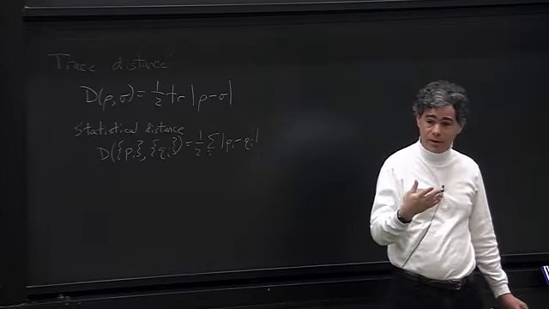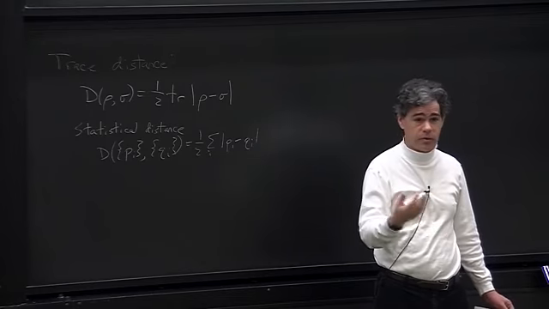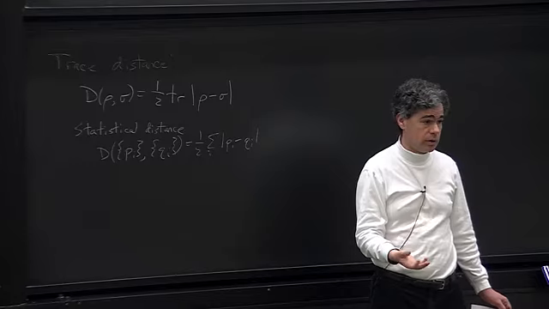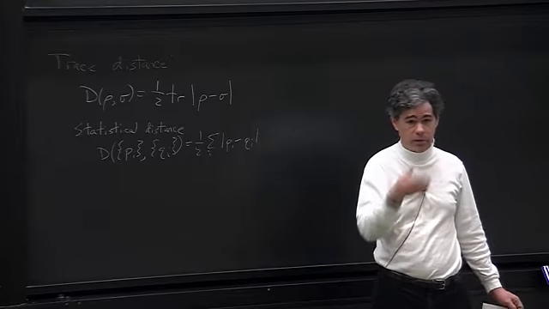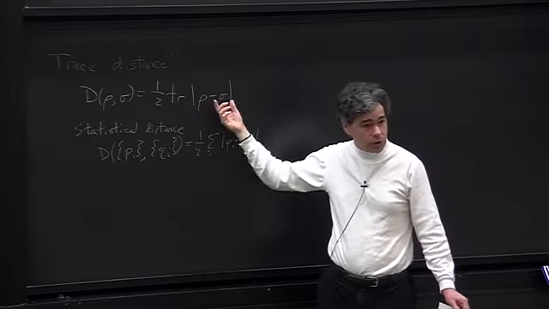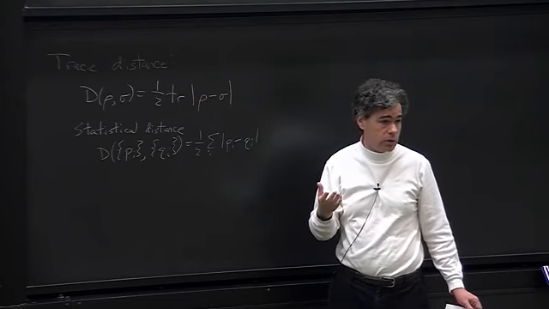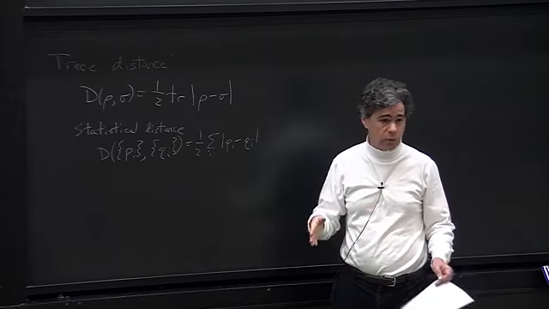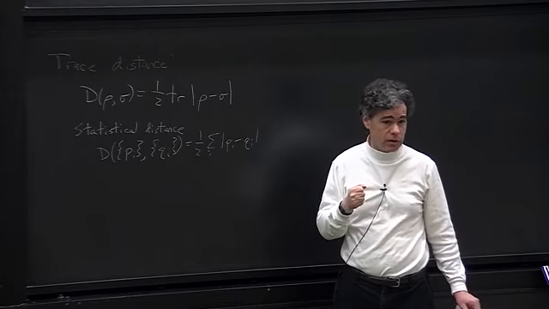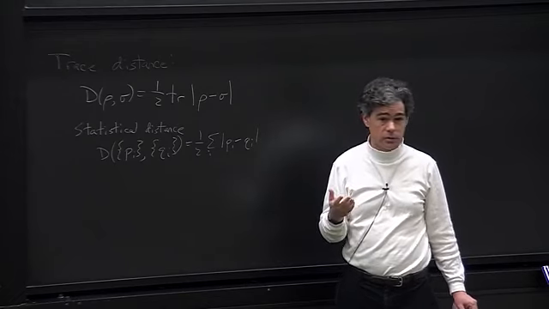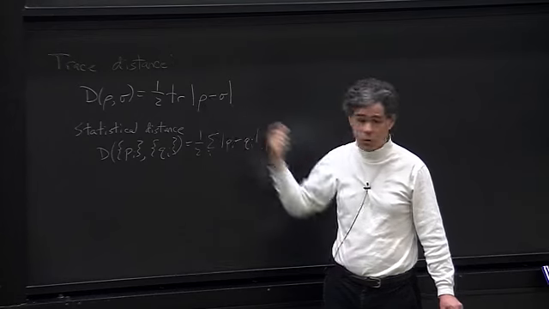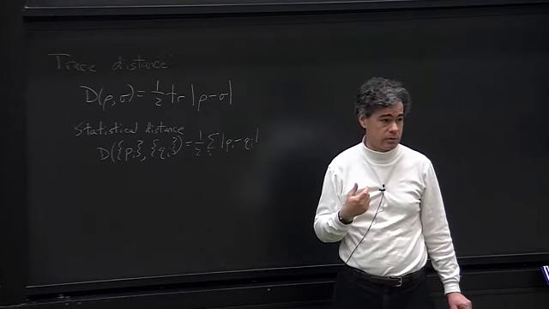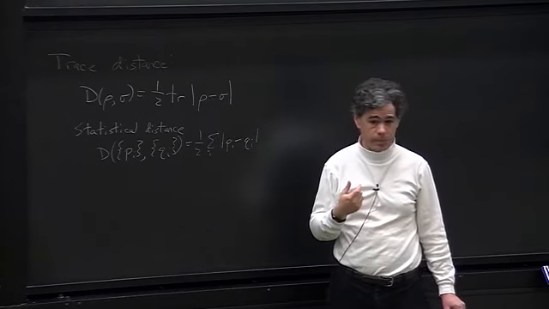And so when you diagonalize, you're going to get some positive eigenvalues and some negative eigenvalues. If we just took the trace, we would get 0. But if you add up all the positive eigenvalues and take the absolute value and add up the negative eigenvalues as well, now you're getting something different, right? And that's where the trace distance comes in. Okay?